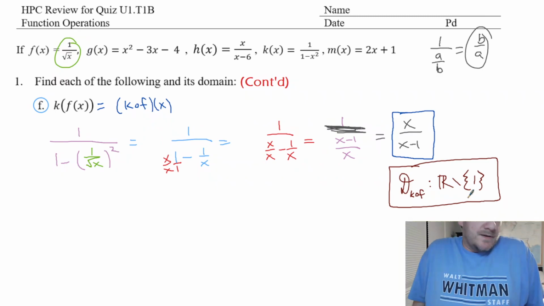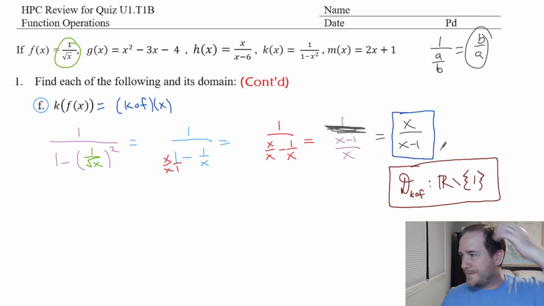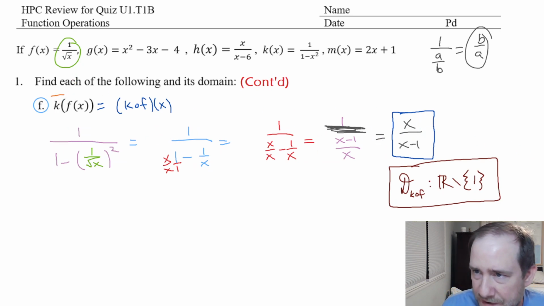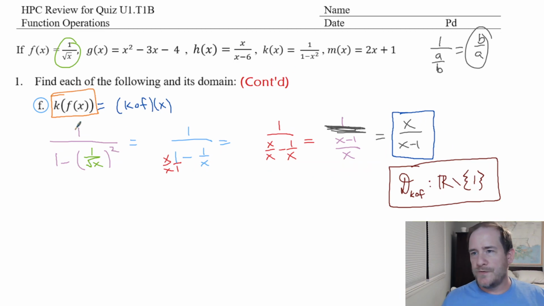But I would not have done great if I do that, because let's not forget, this function is defined as a composition, and all those rules for compositions still apply, which means I have to look at the domain of F first. And the domain of F says, you can't even be negative, and you can't be 0 either.